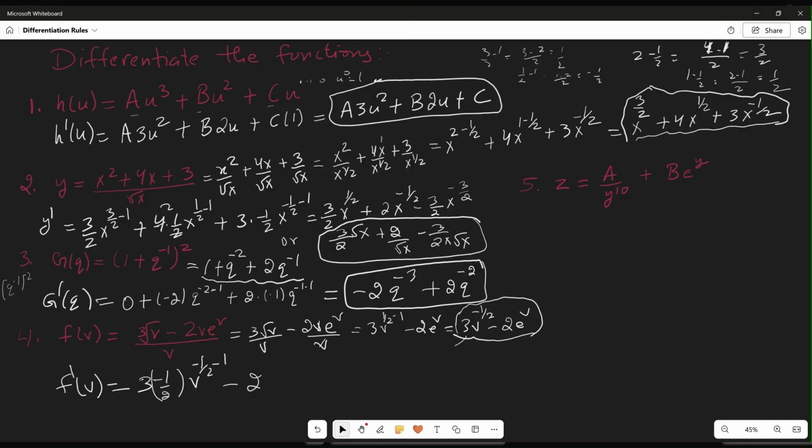So this is going to stay as it is. So we have negative 3 over 2 v to the negative 1 over 2 minus 2 over 2, negative 3 over 2, minus 2 e to the v.